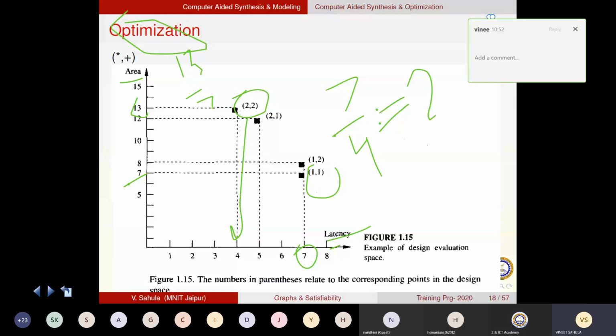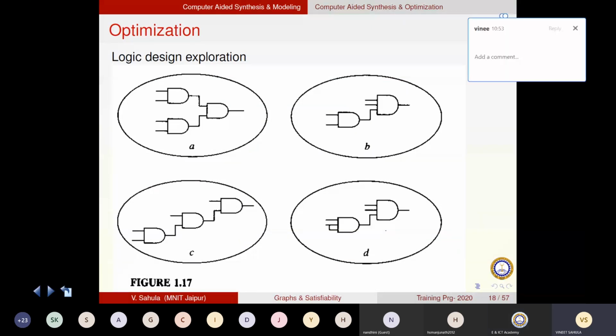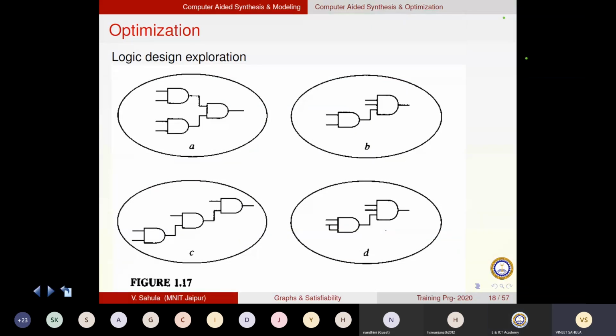Transformation will be done definitely from the DFG to RTL, right? For logic, what is the exploration? So let me come back. Can you imagine we have an AND gate to implement, which has 4 inputs. The disadvantage of a 4 input AND gate or NAND gate is that it will have a lot of capacitance on the input side.